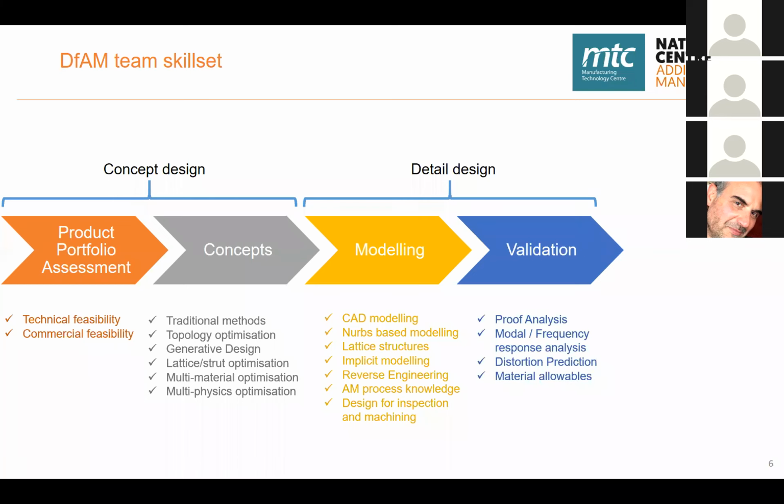And as well, we can work on the validation of the geometries once we have the geometry ready, to evaluate and simulate how it will be produced, if it will withstand the forces, and if it will be distorted when it's manufactured.